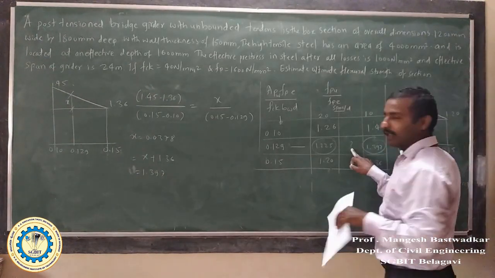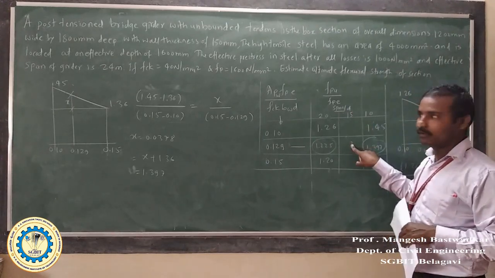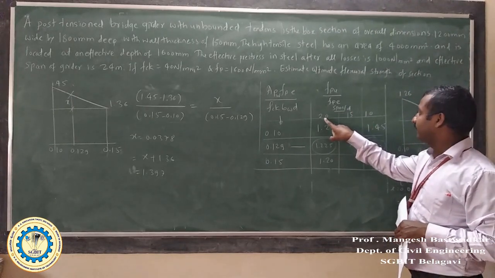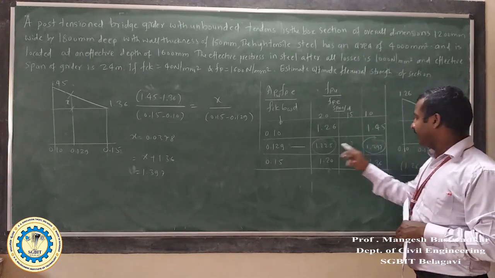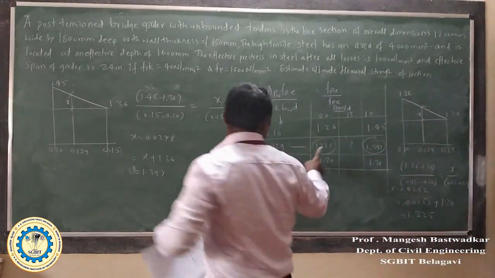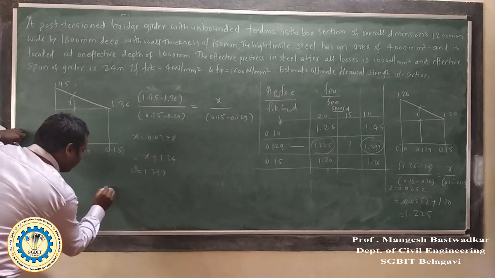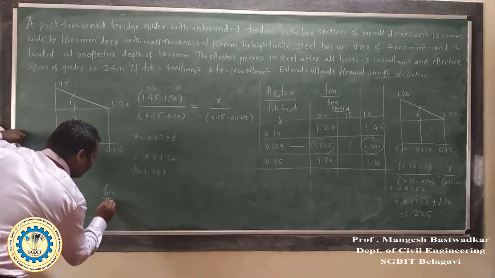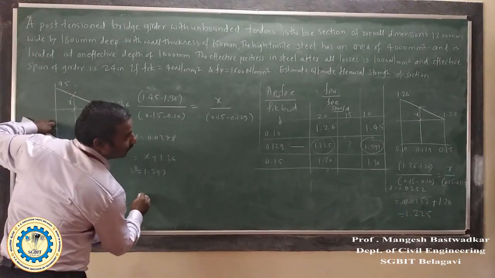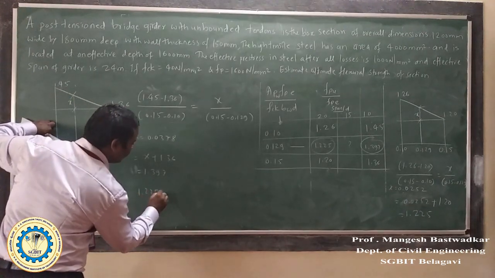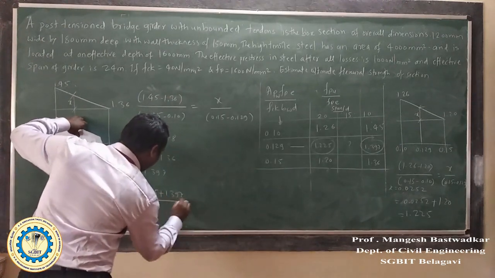Now we require this value. So for 15 we have to calculate this value. Okay, 15 is in between 20 and 10. So directly you can add those two values and divide by 2. So here fpu by fp value is directly 1.225 plus 1.397 divided by 2.